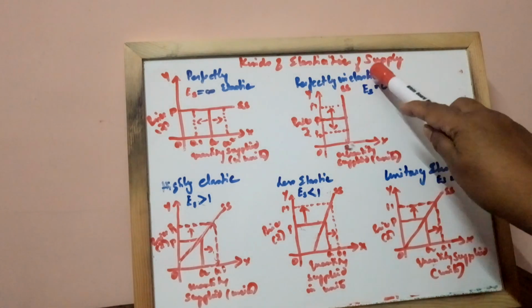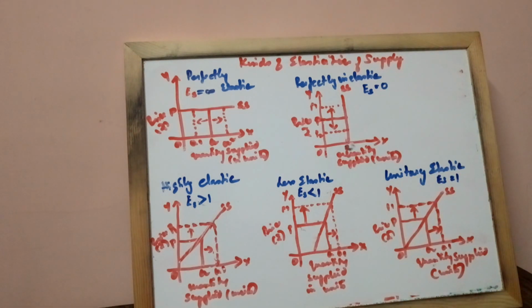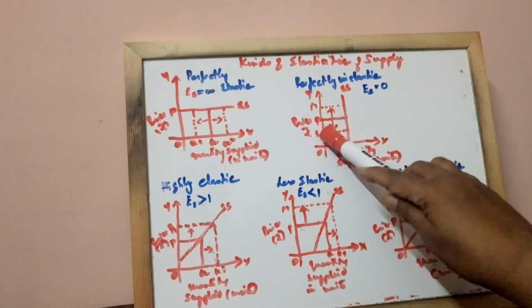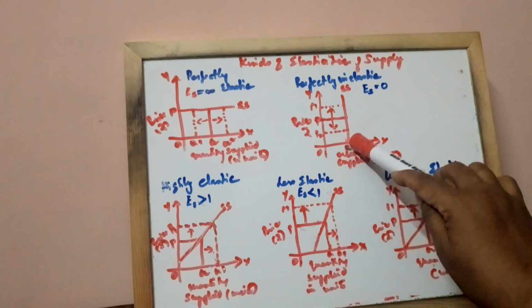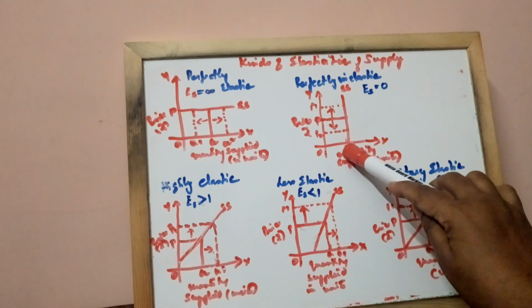Now next, perfectly inelastic, that is ES is equal to 0. Here you find the price changes OP, then OP1, then OP2. The quantity supplied remains the same OQ. So the price increases, price decreases, but there is no change in the quantity supplied.